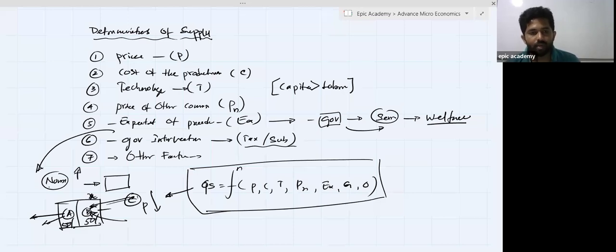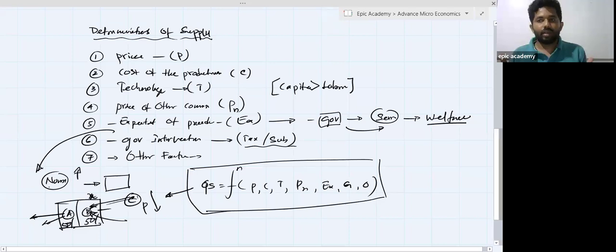It is also one of the activities, but in a theoretical framework, we are not going to consider this much. That is why some books do not represent the N. Some books do consider the N, but you have to identify that in a practical situation, N must also be one of the factors which determine the amount of supply.